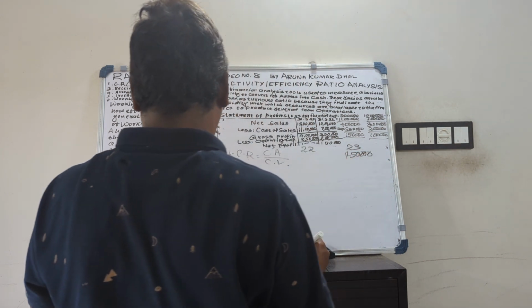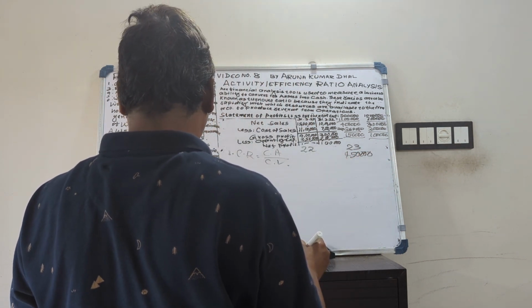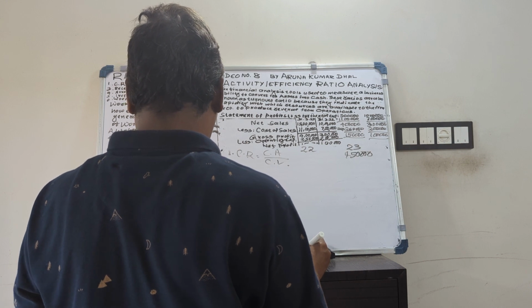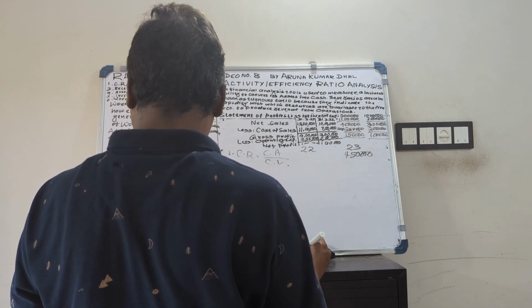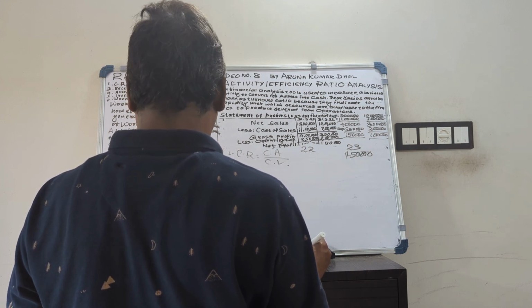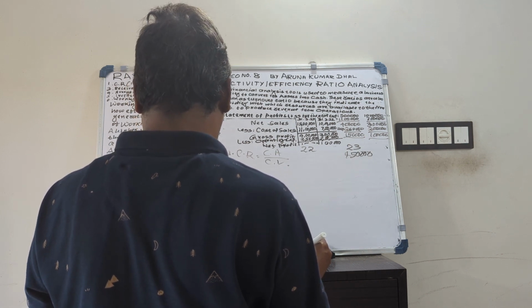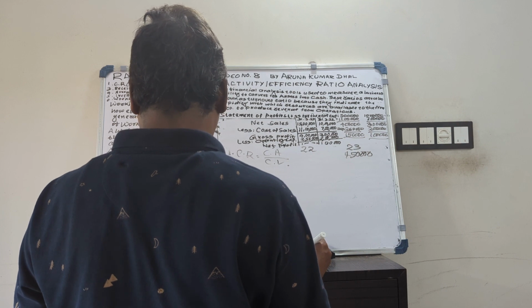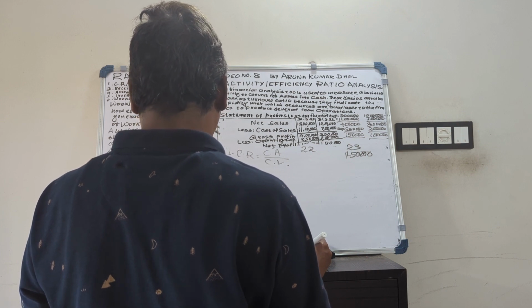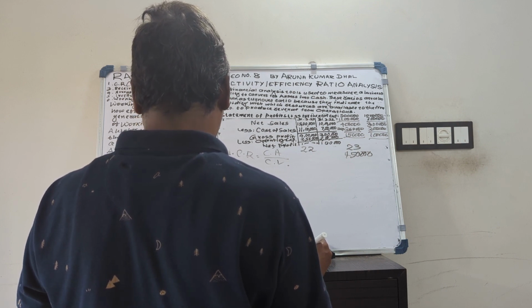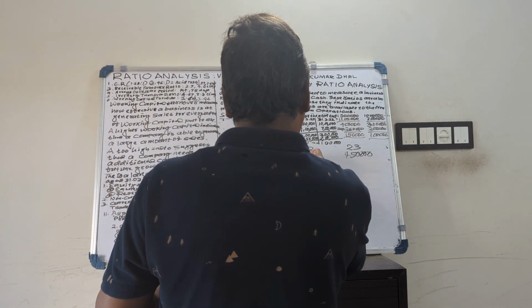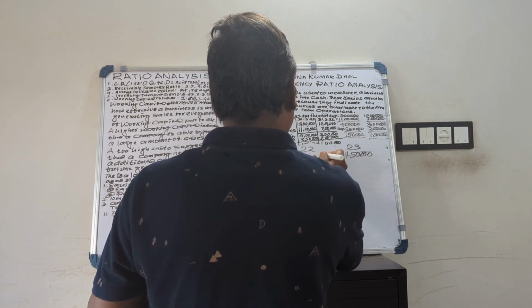Then in 22 it is inventory 1,50,000, trade receivable 4 lakh, so 5,50,000, then cash in hand 50,000, then cash at bank 40,000, so 6,40,000. This is 6,40,000 current asset.